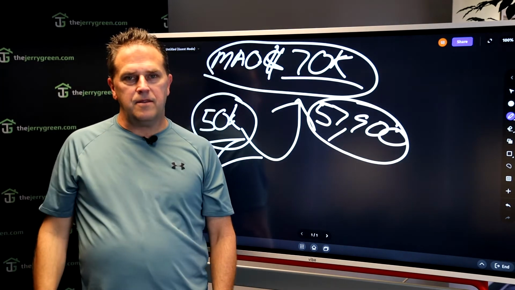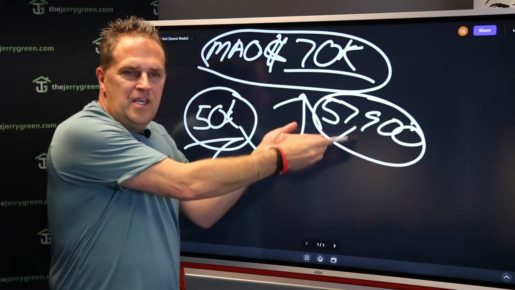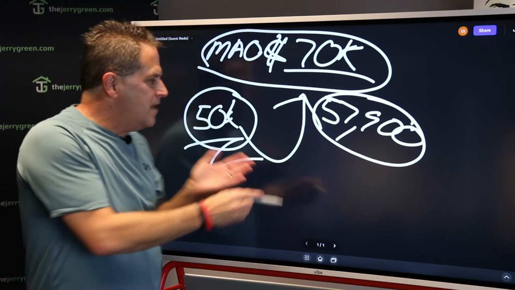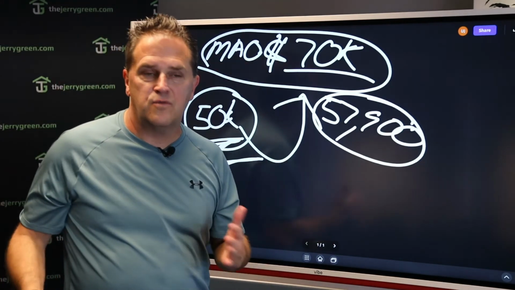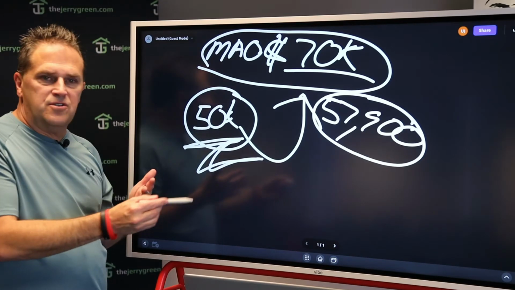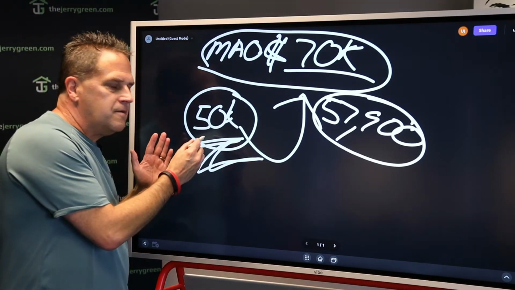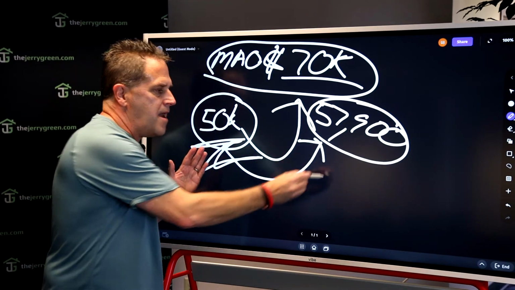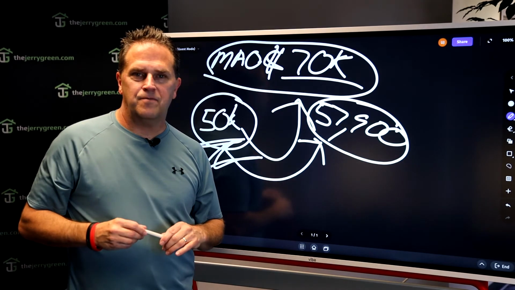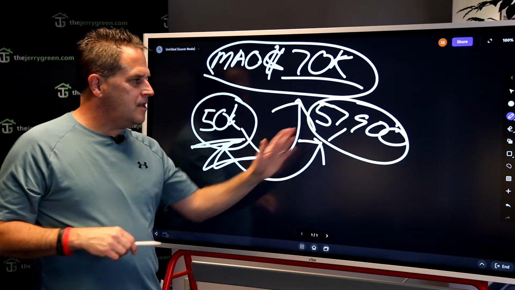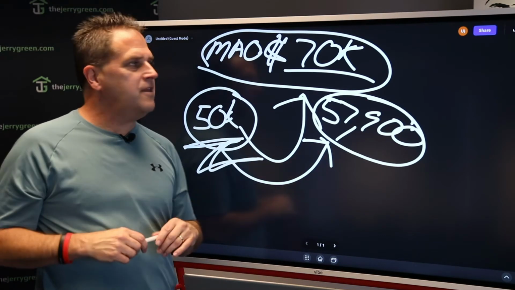You just brought that up $7,900, and if they were anchored at this and truly didn't know what the values were, now you look like you're truly helping them out and bringing more money to the table. Think about that, guys. What's funny is when you do that, people actually will thank you for it.